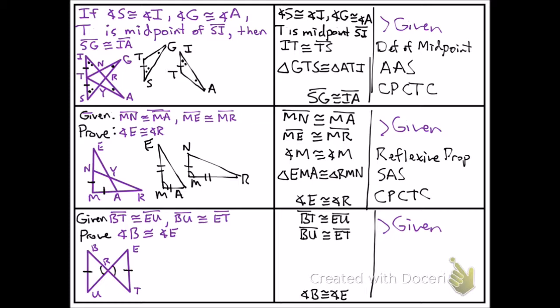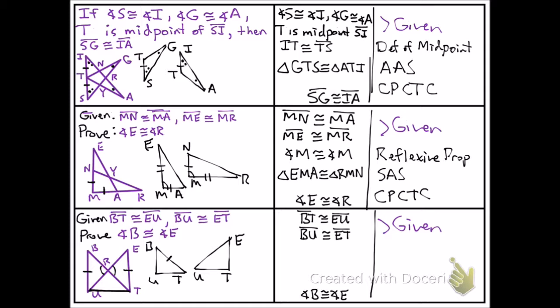We want angle B and angle E, but this BT and EU is a problem because that spans both triangles. So what if we drew a side right here? So now we could make 2 triangles, B, U, T, and U, T, E.